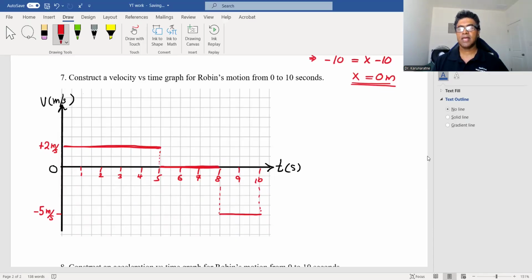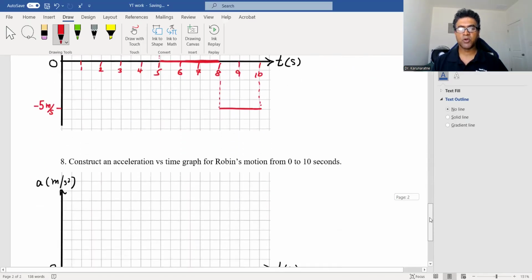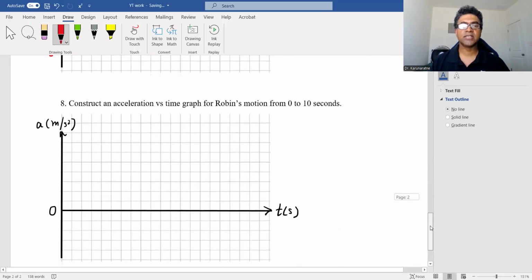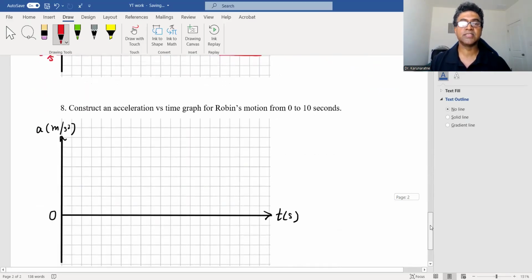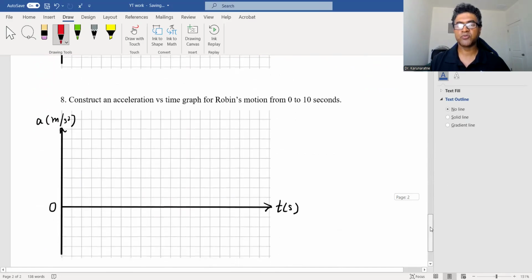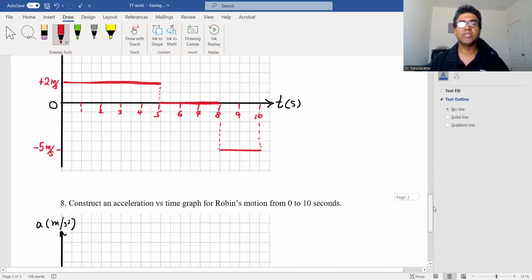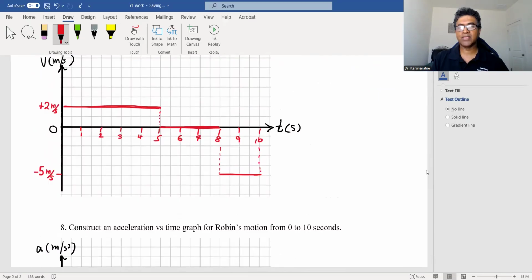And then the last one, problem number 8: construct an acceleration versus time graph for Robin's motion from 0 to 10 seconds. What do you think? Looking at the velocity versus time graph, can you describe what the acceleration is going to look like?